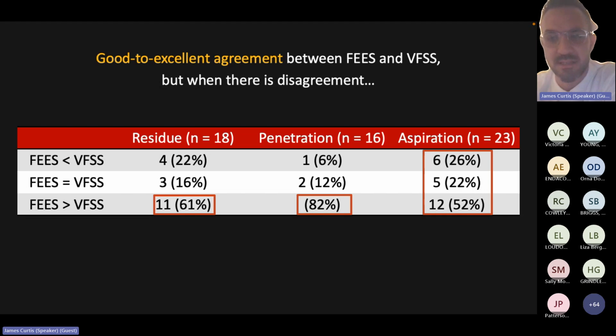But the opposite isn't necessarily true. It's not that the other 48% of studies found fluoro to identify aspiration more frequently. It was really a mix of either that or that FEES and fluoro were the same. And so across these studies, we're essentially seeing that FEES has the edge in terms of identifying functional swallowing outcomes.